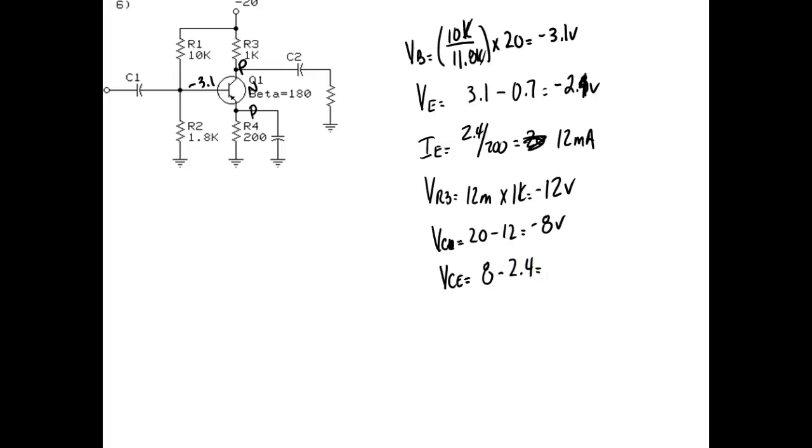And what do we got? By the way, here voltage on the collector is equal to 8 volts. What would we like it to be for a Class A amplifier?